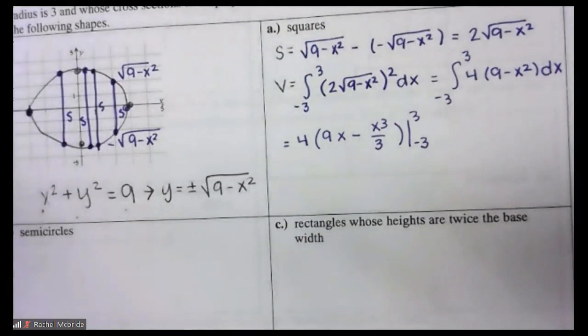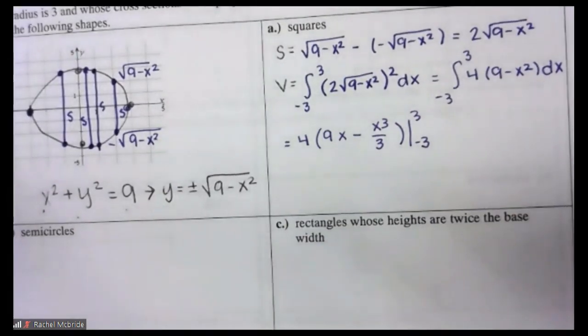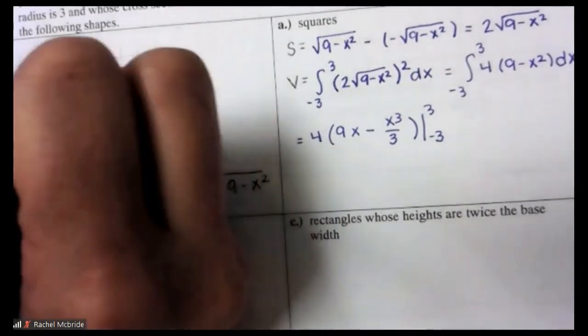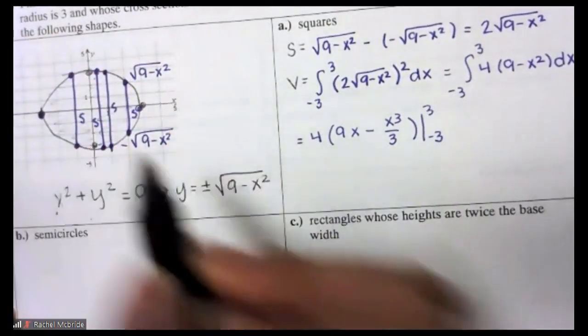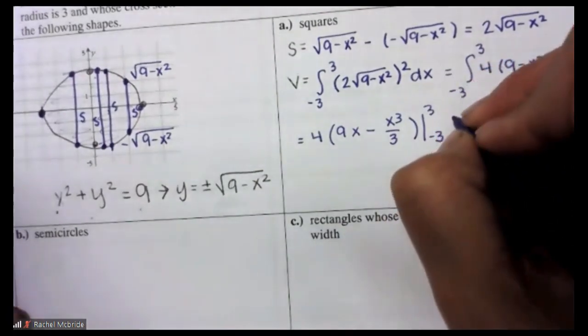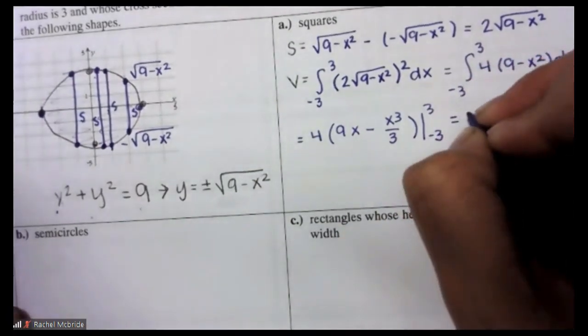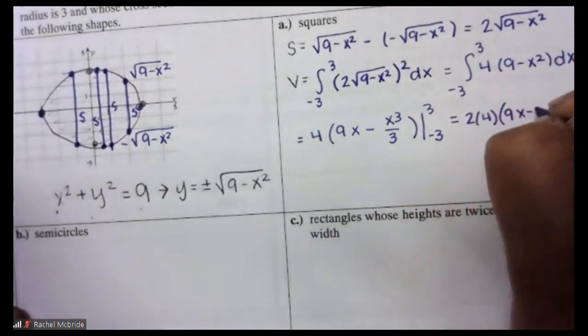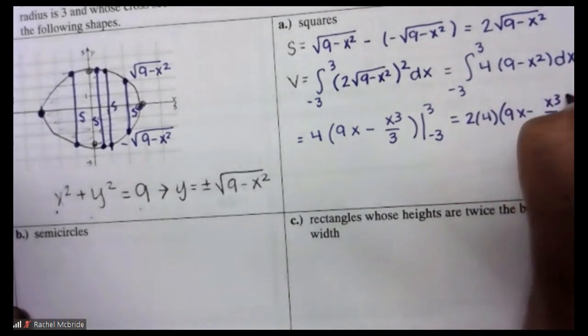Sometimes you will see this written using symmetry. The area on the positive side is the same as the area on the negative side. So you could also rewrite this as 2 times the integral of 9 minus x squared, evaluated from 0 to 3.